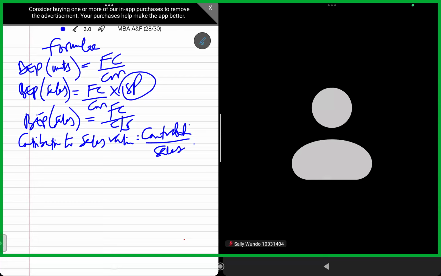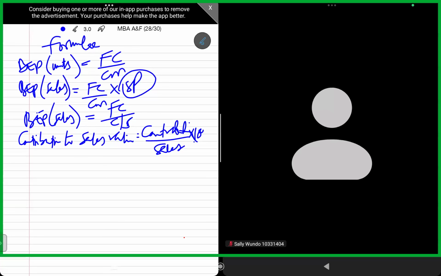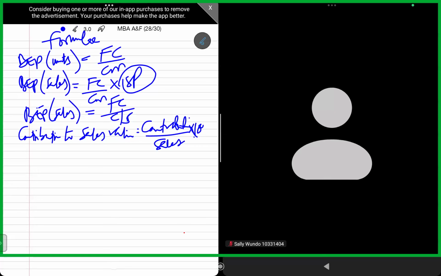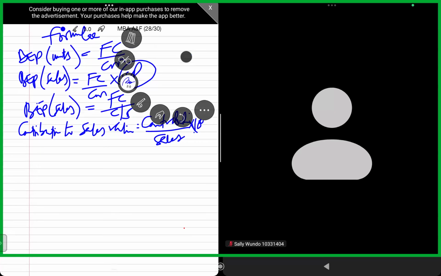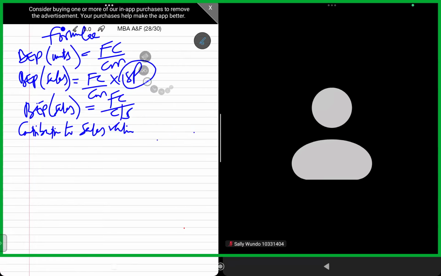That's total contribution over total sales times 100%. Or we can say contribution margin, which is for 1 unit, over selling price times 100%.